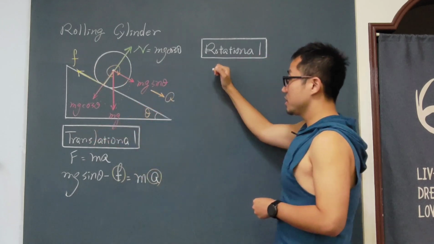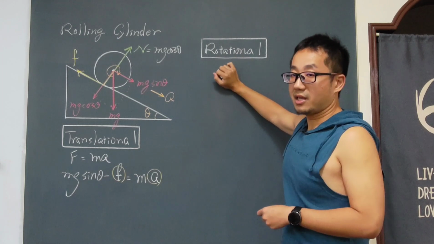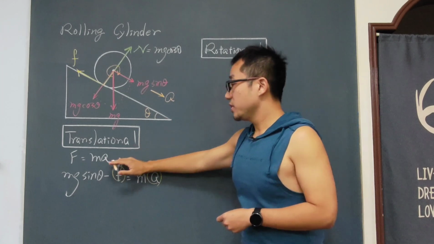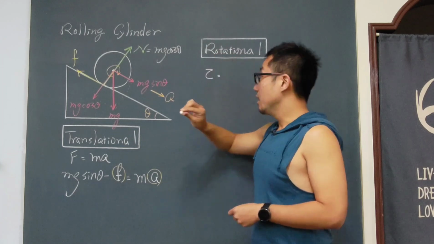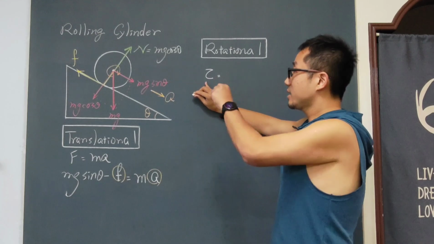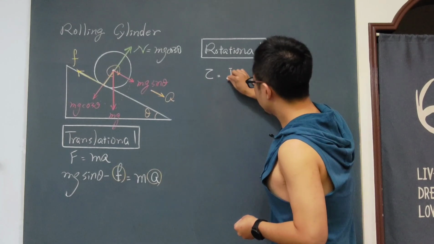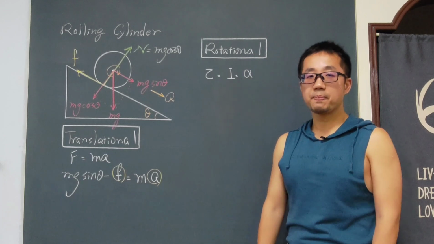So the next part is I would like to analyze this whole motion in the rotational aspect. And similar to F equals ma, we also have the net torque, for which I use the symbol tau. The net torque acting on this cylinder is equal to the moment of inertia times the angular acceleration.